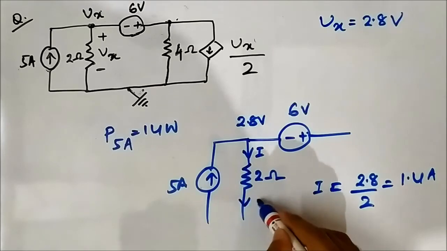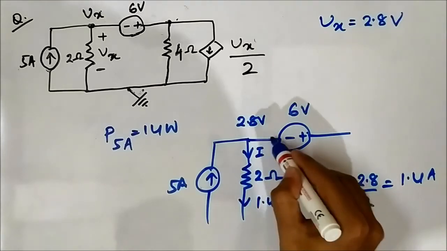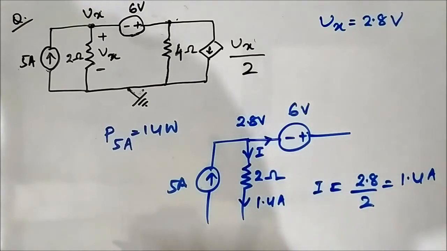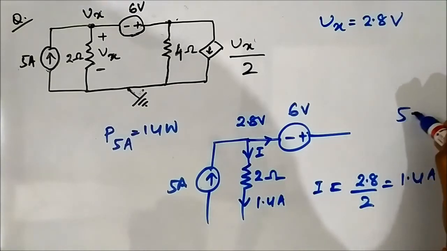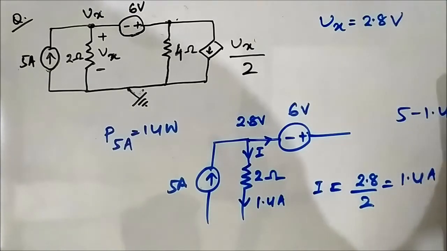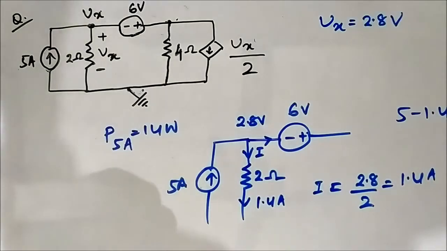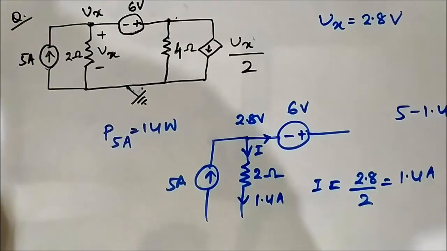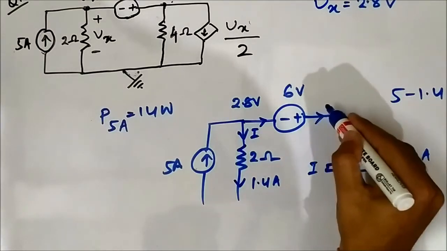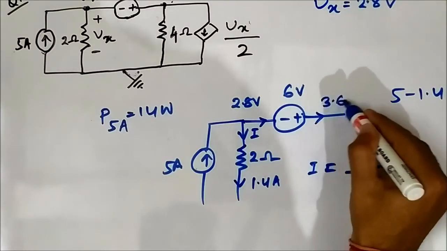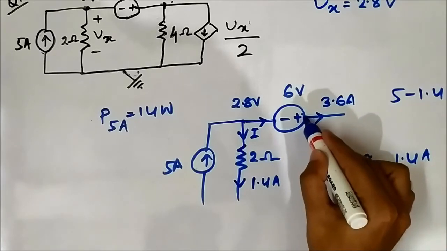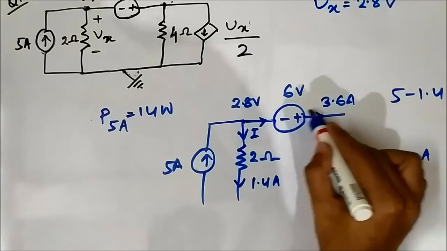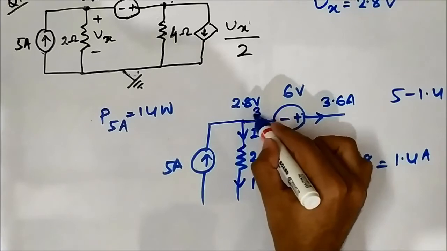Here 1.4 ampere is going. So how much current will flow here? 5 minus 1.4, which is equal to 3.6 ampere. Here 3.6 ampere is flowing outwards, away from the positive terminal towards the negative terminal.